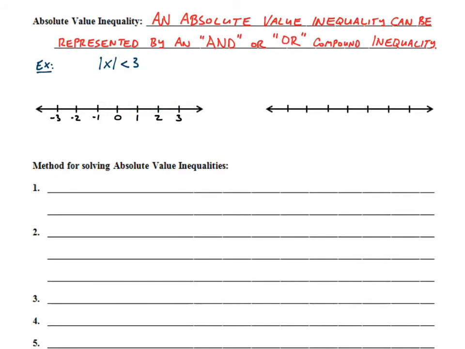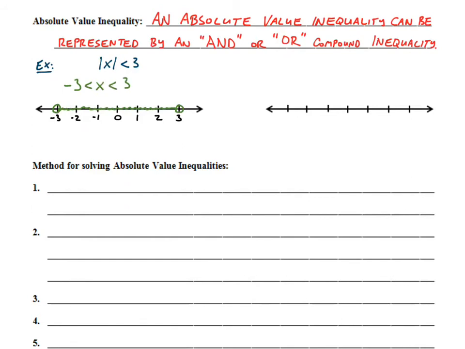Therefore, we're going to include everything between negative 3 and positive 3. But we're not going to include 3 because that distance is less than 3, not less than or equal to 3. So that right there shows our inequality. Now, if we were to express this as a compound inequality, this would be the same as negative 3 is less than x, while x is also less than 3.